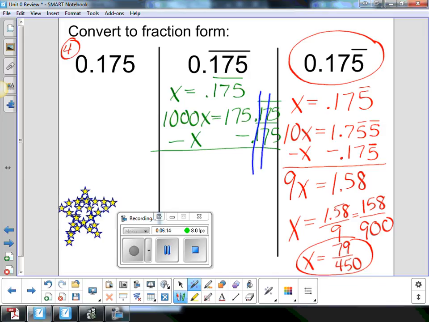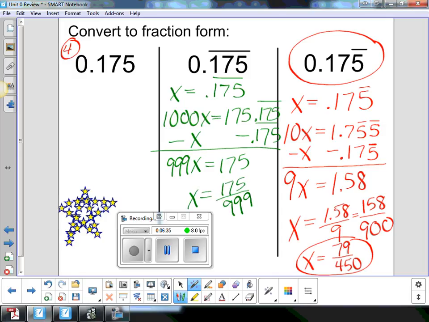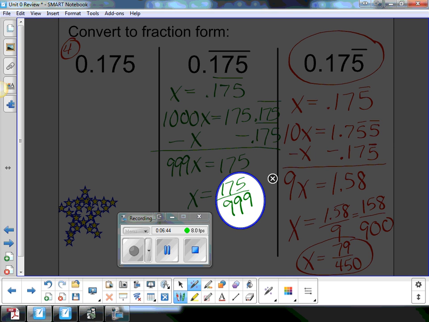The 1, the 7, the 5, 175, 175, all the way forever will cancel out, leaving you with 175 equaling 999x. When you divide by 999, you get 175 over 999, which I believe is reduced. You can't go any lower than that. You could confirm that on the calculator by typing this in, and then the math fraction feature that we have.